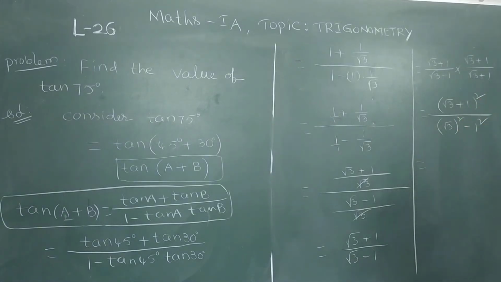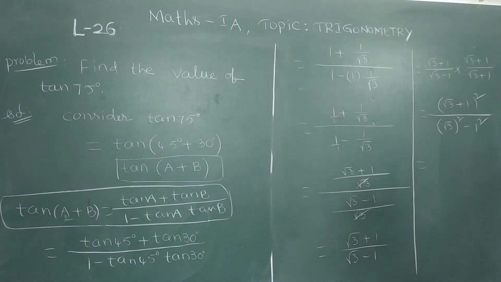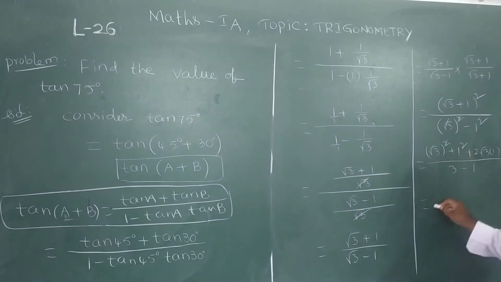The numerator is in the form of A plus B whole square. Understand? So A square is root 3 square, B square is 1 square, 2AB is 2 into root 3 into 1. The square and square root get cancelled, 1 square is 1, so the numerator will be 3 plus 1 plus 2 root 3, by 3 minus 1.